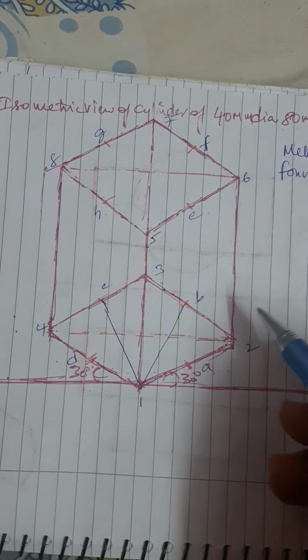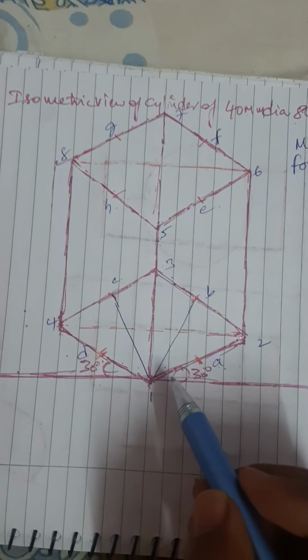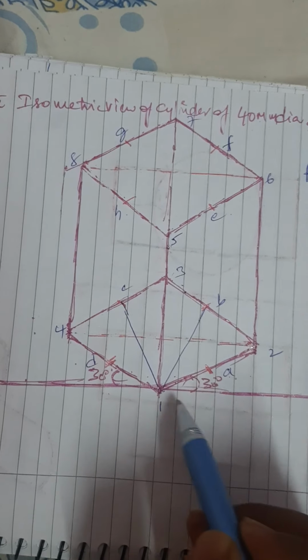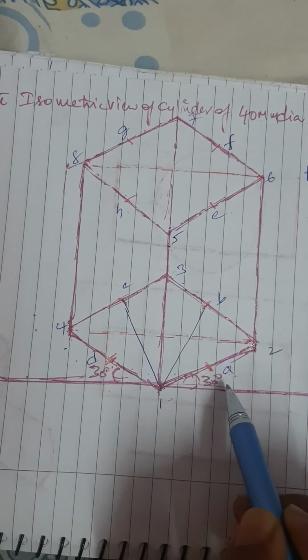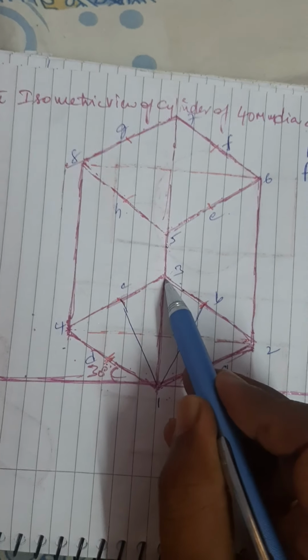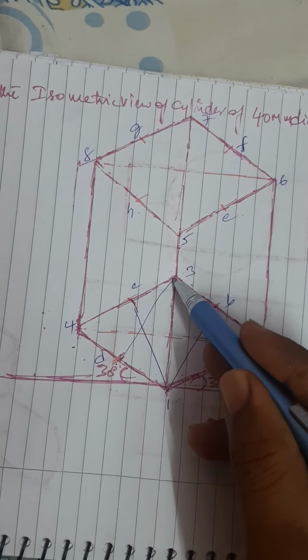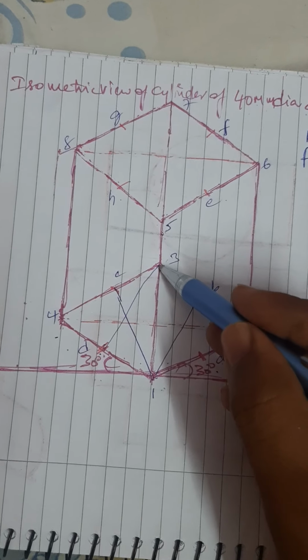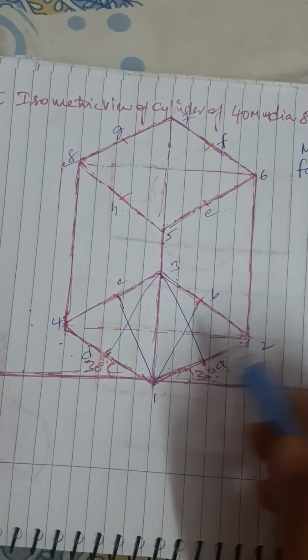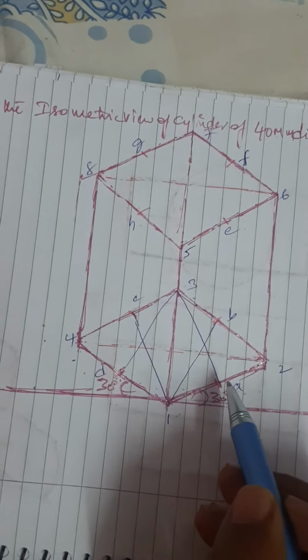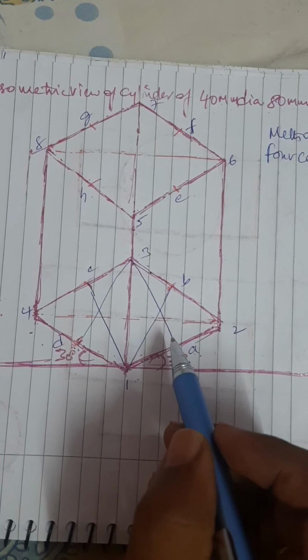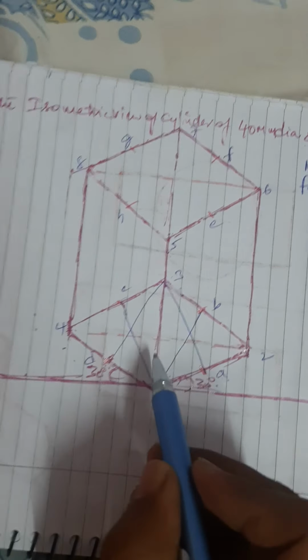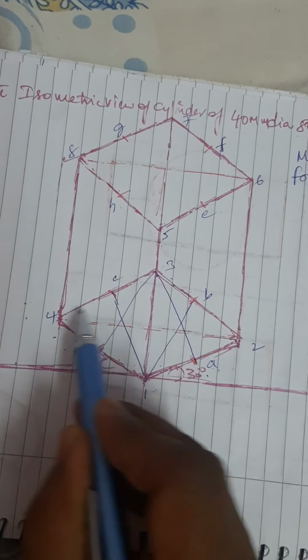Next I am joining the midpoints of 1, 2 and 1, 4, that is A and D, with 3. After this I am drawing the longest diagonal, that is, I am joining point 2 with 4.